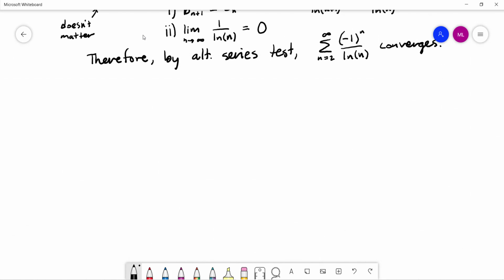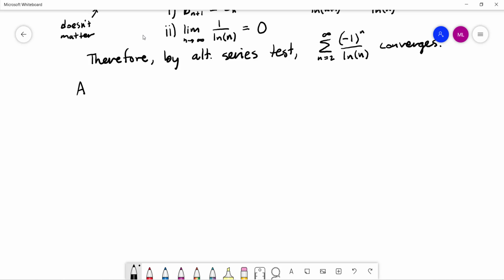Let me talk about one other important thing related to alternating series, and it's that we can basically estimate how much error there is if we truncate the series and don't have it be an infinite series. So we don't sum all the way to infinity, but if we truncate it at some point, how far off is that answer from the true sum of the infinite series.